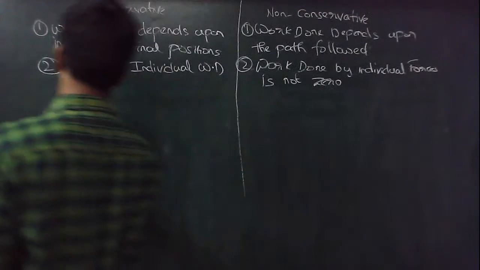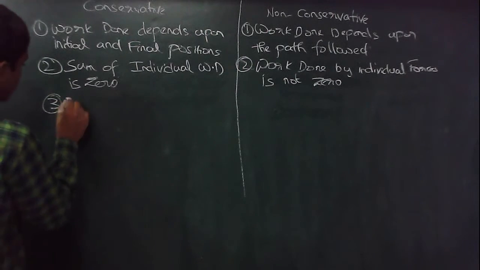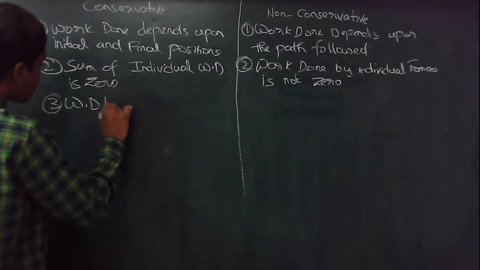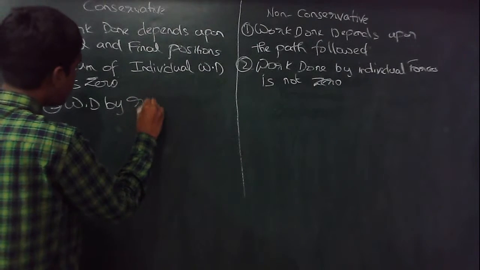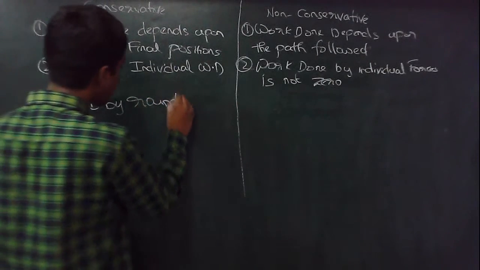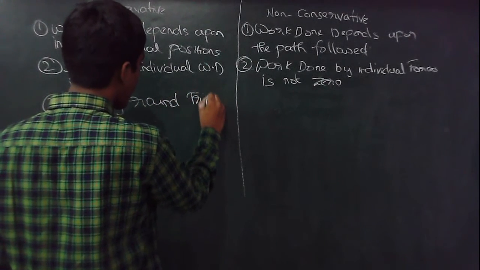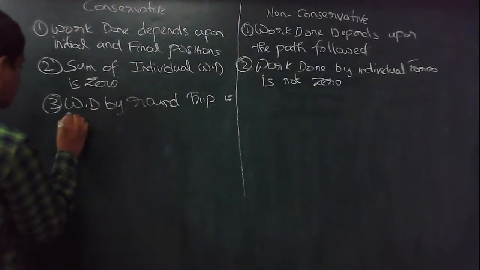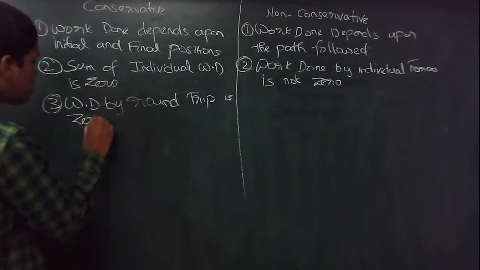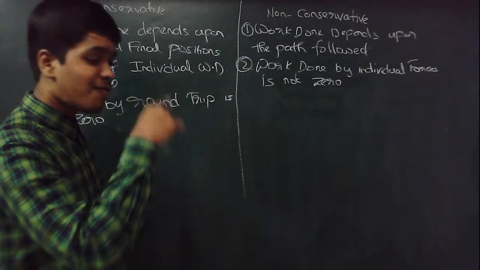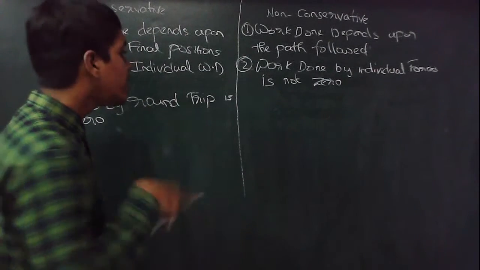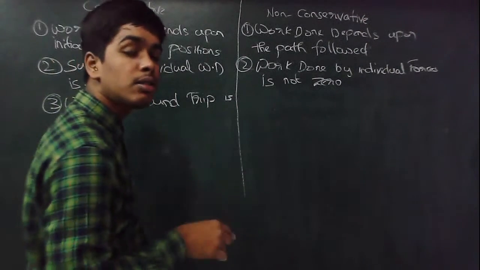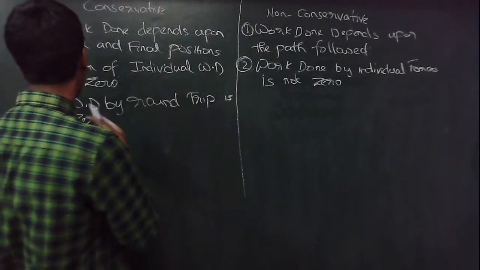And the work done by a round trip is 0. That means I go from initial to final, final to initial, so it is a circular path, so the displacement is 0.